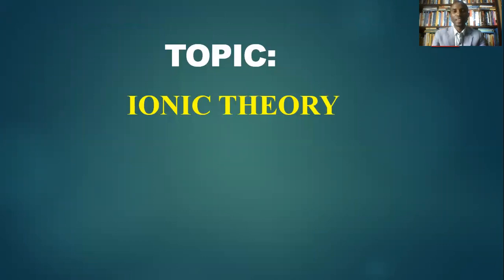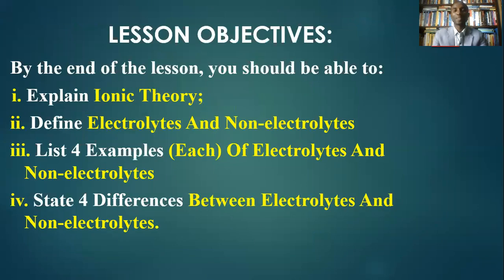Our topic for the day is Ionic Theory. By the end of the class, you will be able to explain what Ionic Theory is. Again, you will be able to define electrolytes and non-electrolytes.